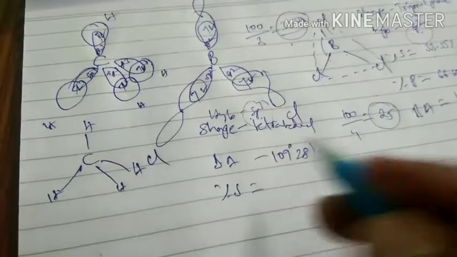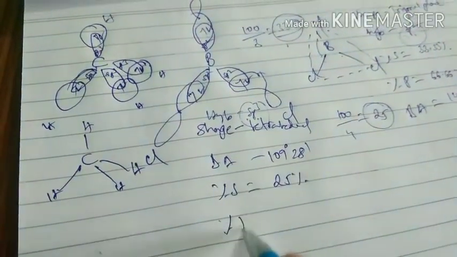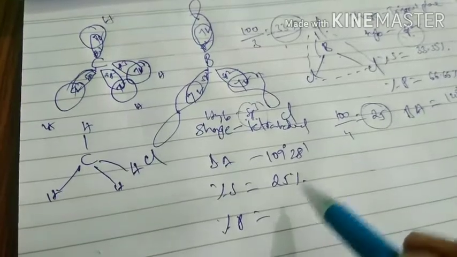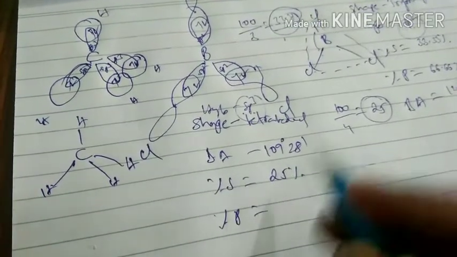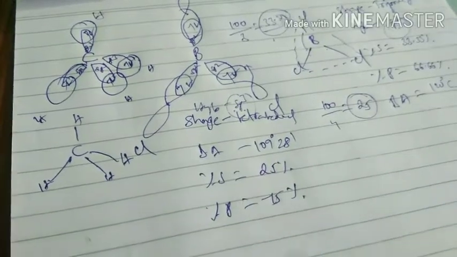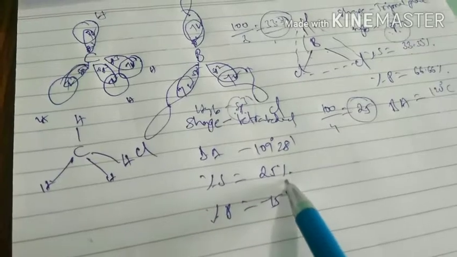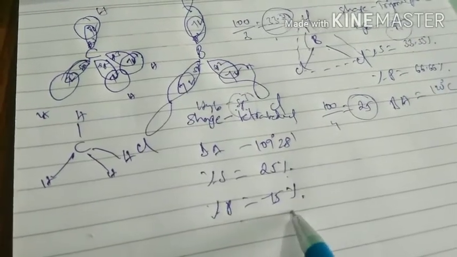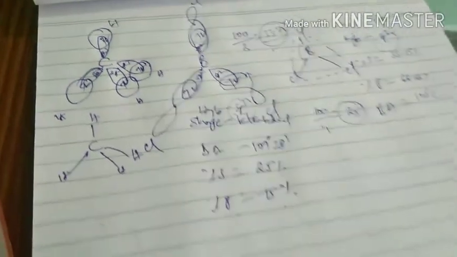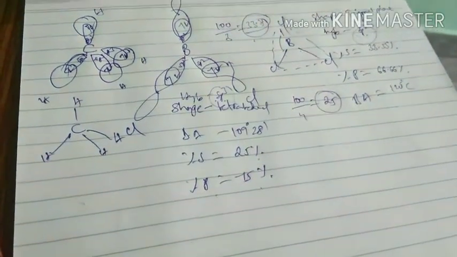That means 25% belongs to s. The rest belongs to p character. Total rest percent is how much? 75% p character. So in this case, the percentage of s character is 25 and the percentage of p character is 75%. So this is all about sp3 hybridization.